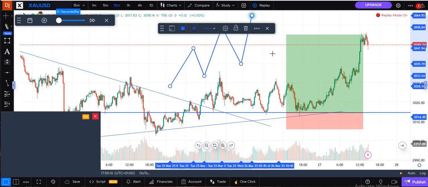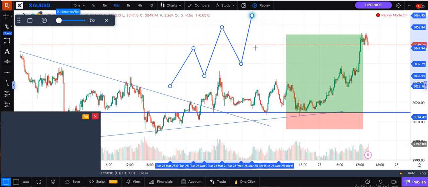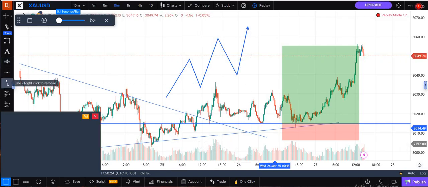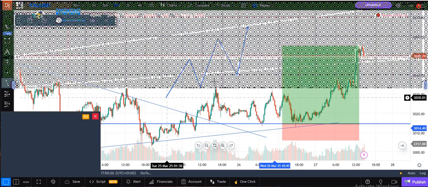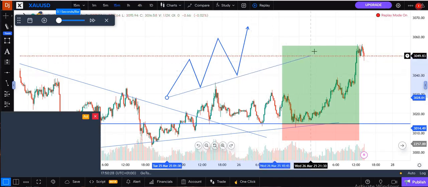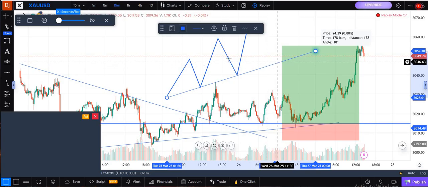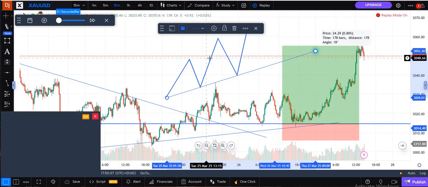One thing that you tend to notice the longer you trade is that the market follows a basic structure, something like this. And the market always tends to react from trend lines, from resistances, that's market structure.